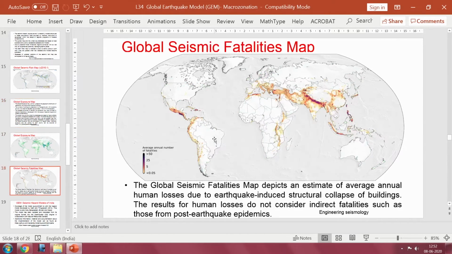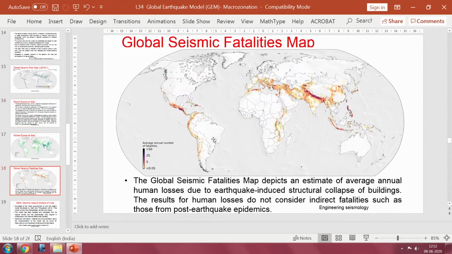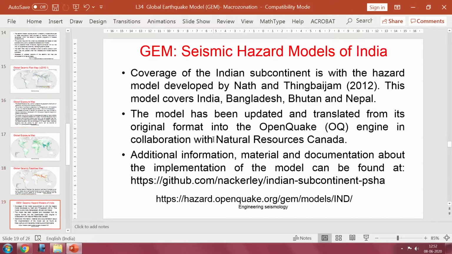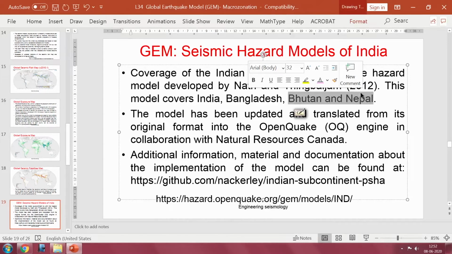So accordingly they will decide what is to be done. So let's see what information has gone into the map of India. The seismic hazard model of India basically covers the Indian subcontinent, with hazard values estimated by Nath and Thingbaijam during 2012.